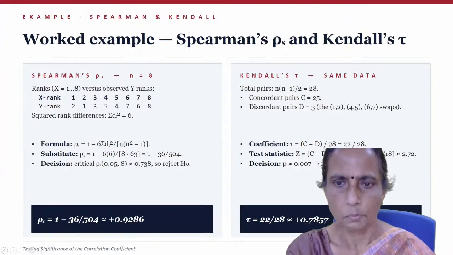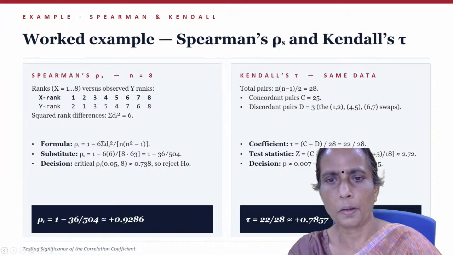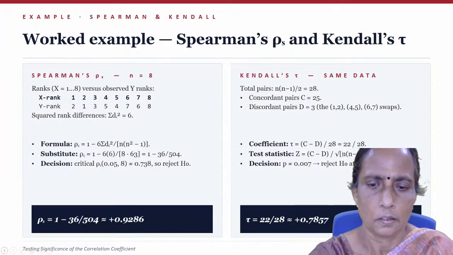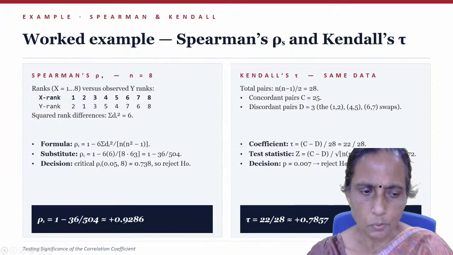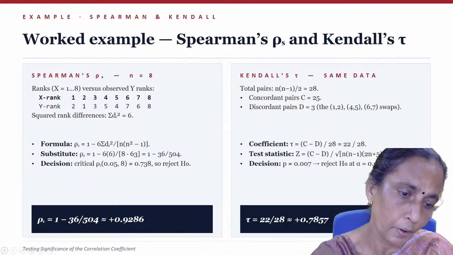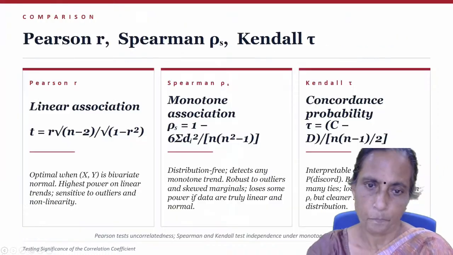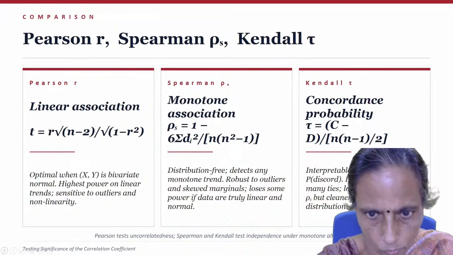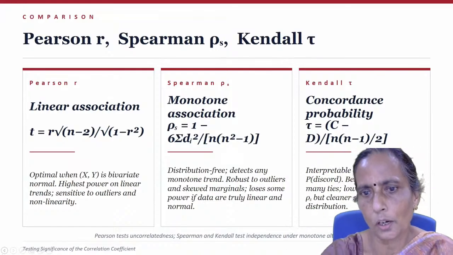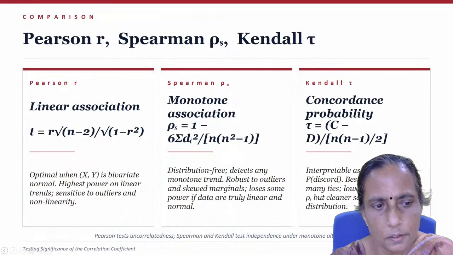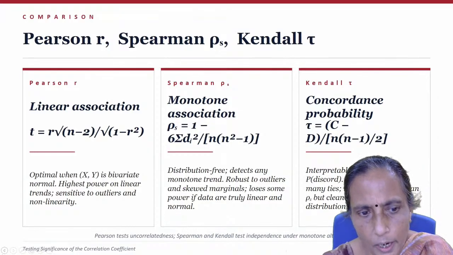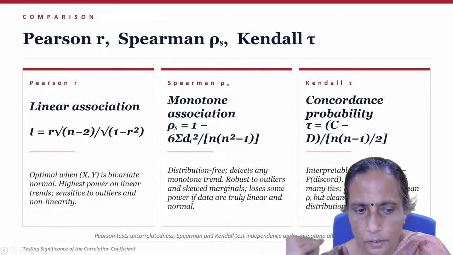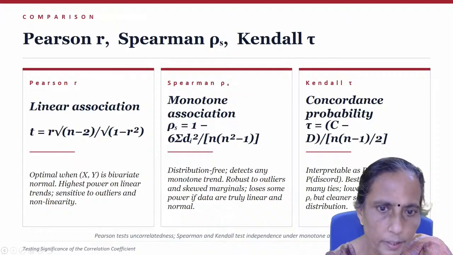So this is one more calculation for Spearman's rho and Kendall's tau with the same data, just to show how the value varies. Comparing Pearson's R, Spearman's rank correlation, and Kendall's rank correlation: Pearson's is optimal when X and Y are bivariate normal, has highest power for linear trends, and is sensitive to outliers and non-linearity.